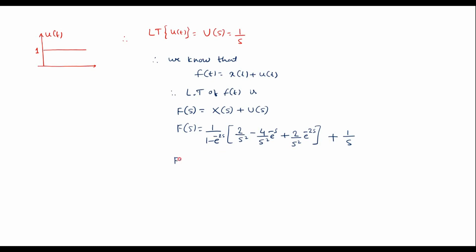Simplifying this further, f of s is equal to 1 upon 1 minus e power minus 2s into, here I will take 2 by s square common, 1 minus 2 e power minus s plus e power minus 2s, plus 1 over s.